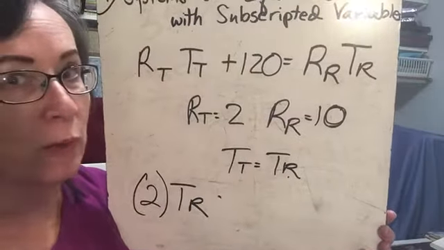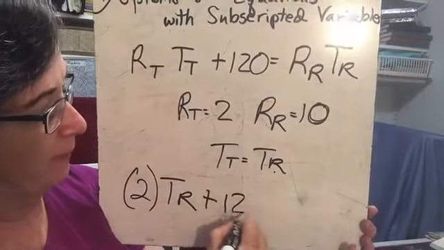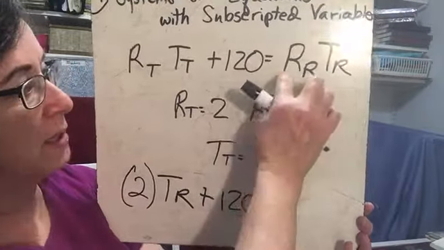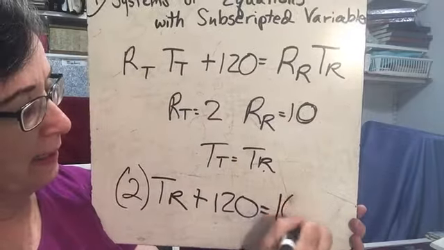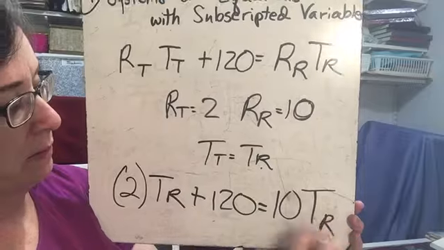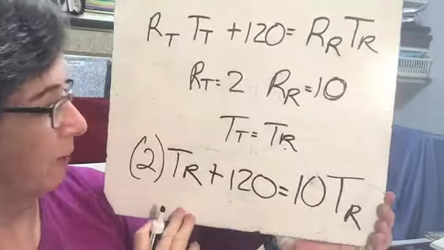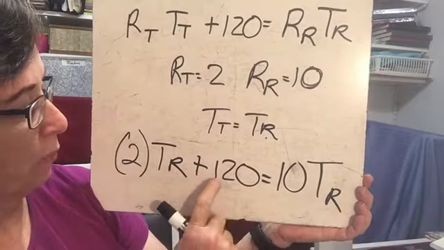So when we solve for one, we've already solved for the other. Plus 120 equals R sub r, which is 10, t sub r, which we don't know, but we know enough to solve, don't we?